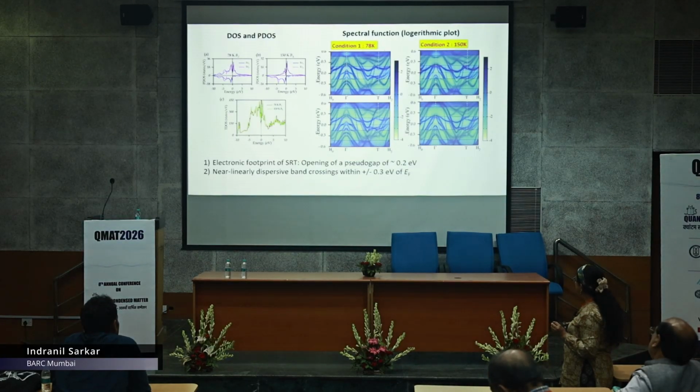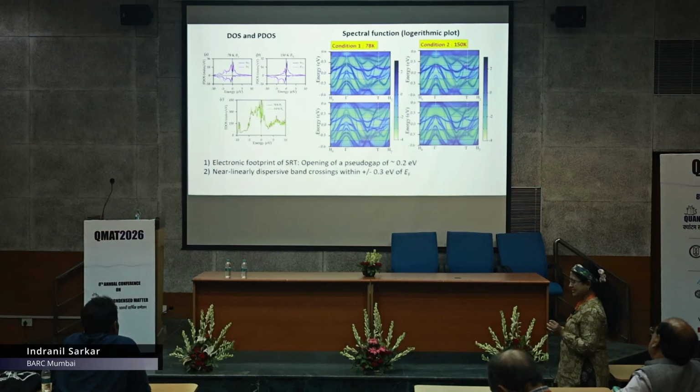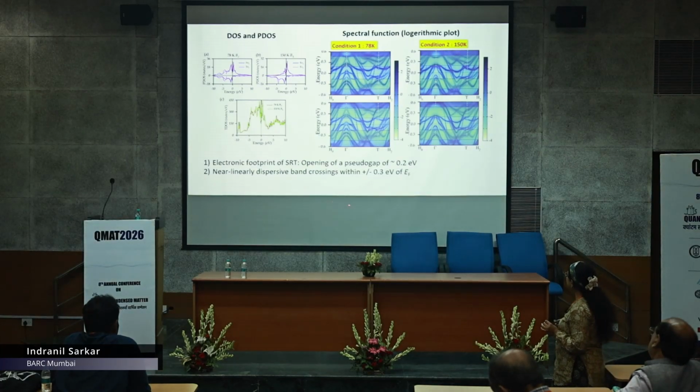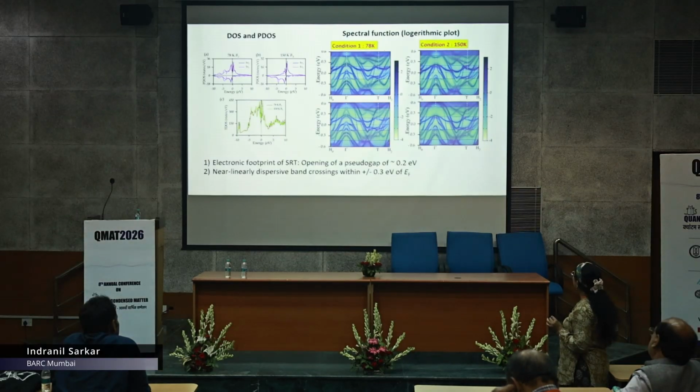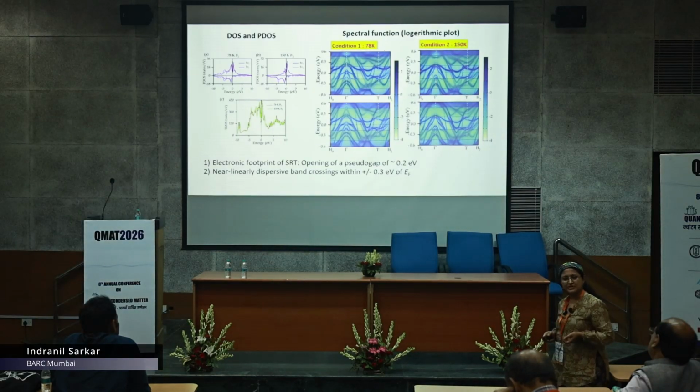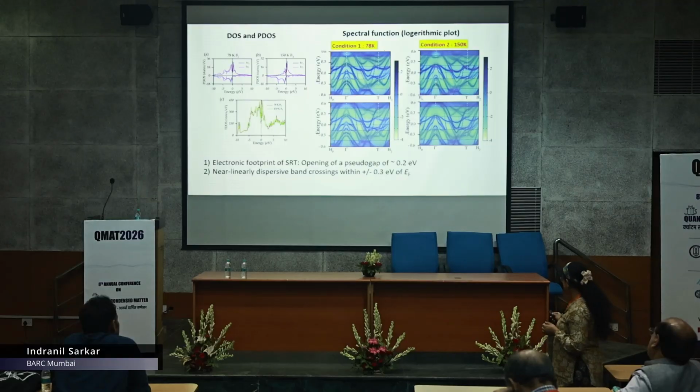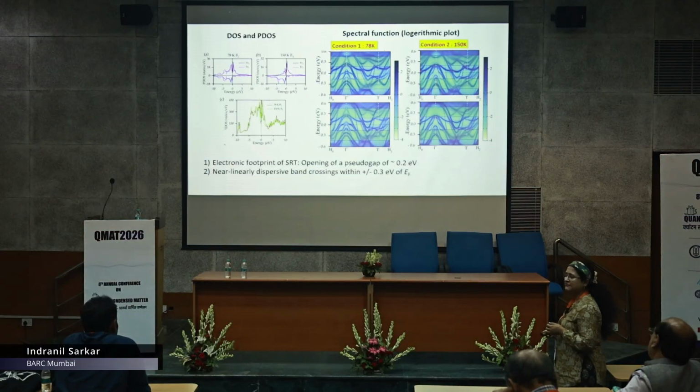In the next one you can see that there is an opening of a pseudo gap of the order of 0.2 electron volt here, and then there are linearly dispersive Dirac-like crossings within that plus minus 0.3 electron volt of the Fermi energy.